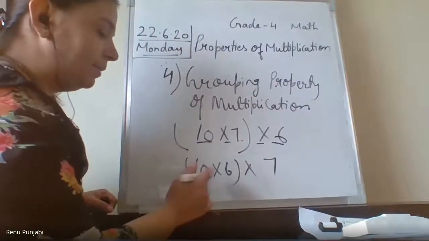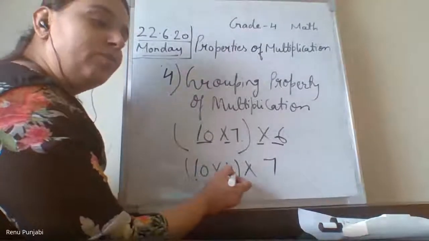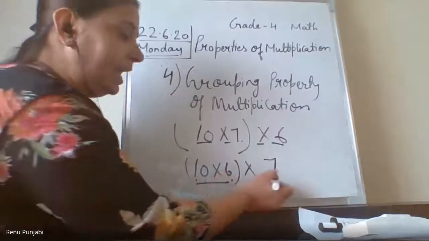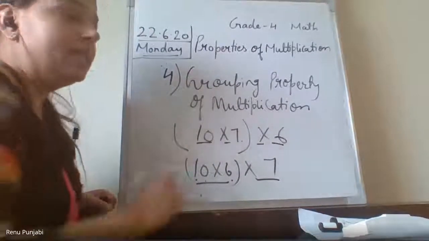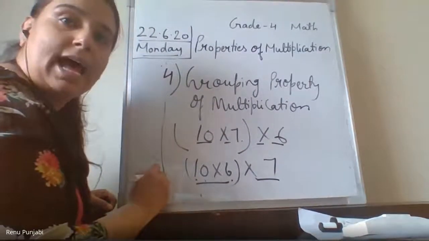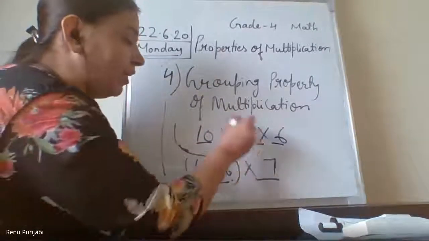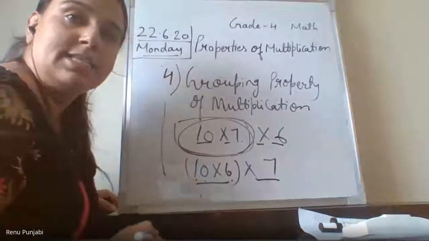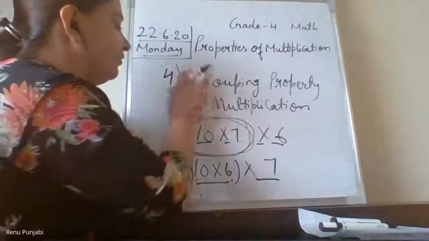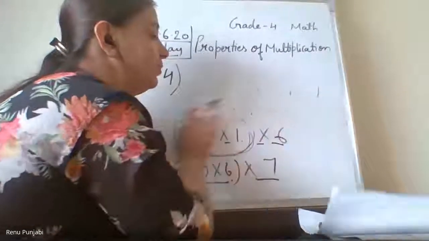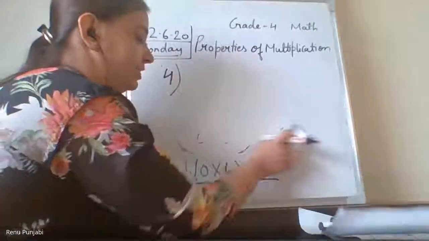Or first you multiply 10 with 6 and whatever answer comes, multiply with 7, then also the answer will be the same. This property states that if you change the group of the numbers, the answer will be the same. Next comes the fifth property, that is the distributive property of multiplication.